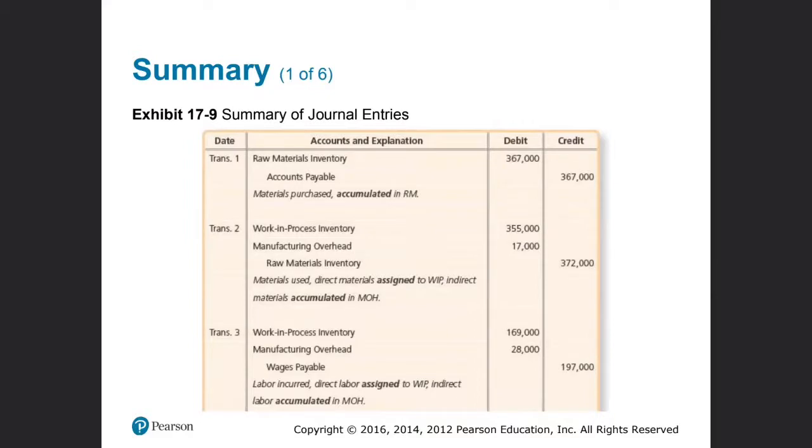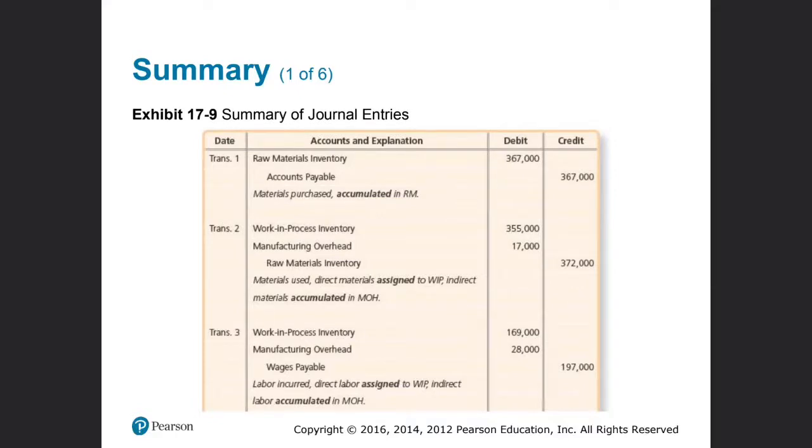Then our next transaction, we debited our work in process inventory account, debited our manufacturing overhead account, and credited our raw materials inventory account for the total of that amount. And our note is we had some direct materials that were assigned to our work in process account, and indirect materials that were accumulated in our manufacturing overhead account.